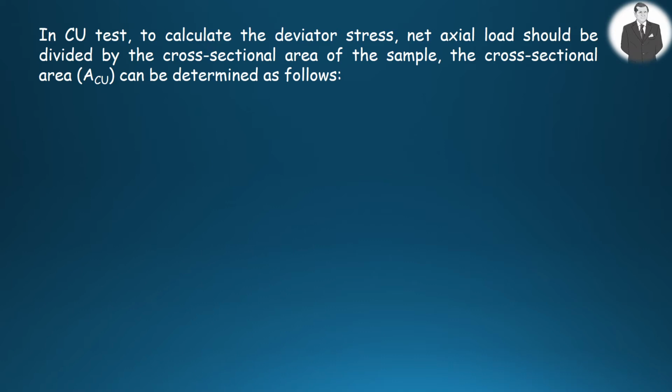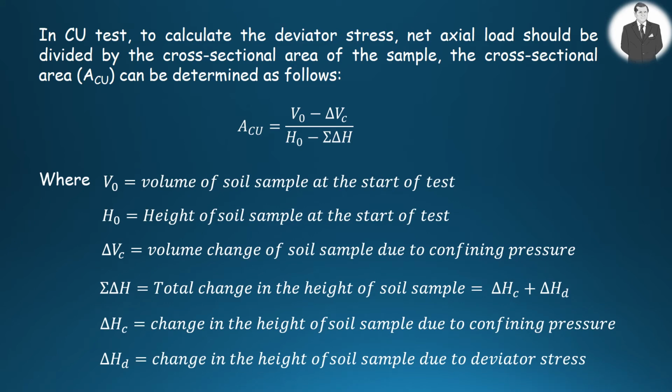The cross-sectional area can be obtained by the equation presented here, in which V sub 0 is the volume of soil sample at the beginning of the test. H sub 0 is the initial height of soil sample before testing. Delta V sub C is the volume change of soil sample owing to the confining pressure.